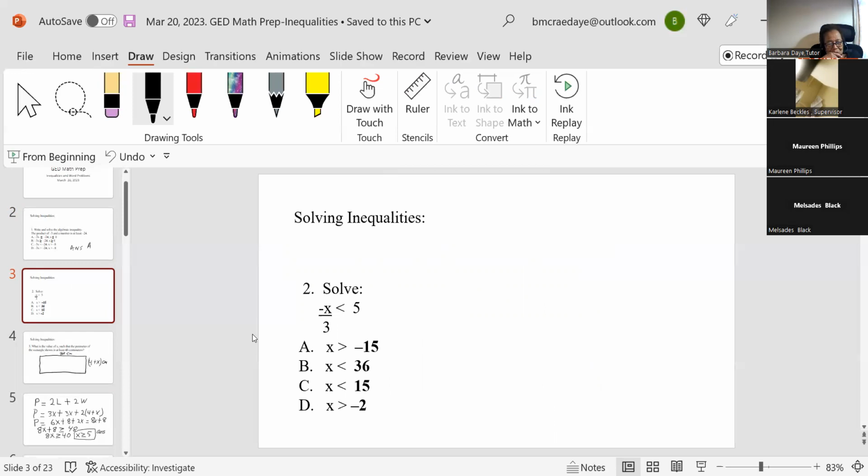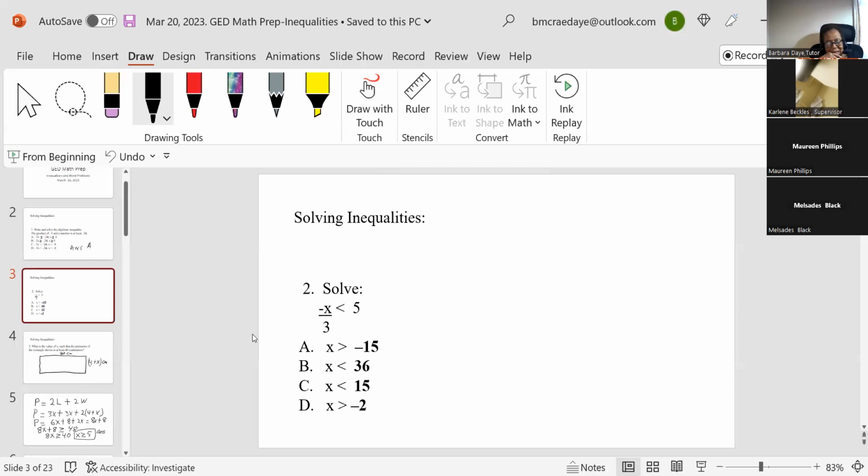X is greater. That's the one to solve, right? Yes, miss, the answer is A. How did you get A? I multiply 3 by 5, and it's X over the third.